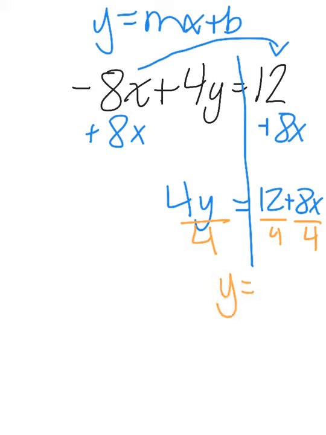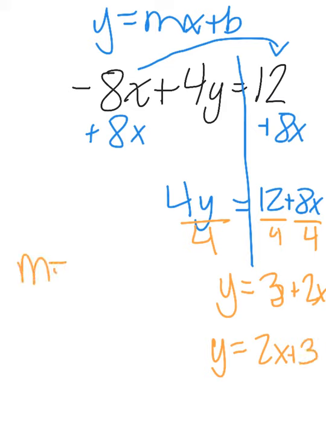So my rule is really 12 divided by 4 is 3, and then 8 divided by 4 is 2, so it's 2x. So my rule is y equals 3 plus 2x, or you can rewrite it as y equals 2x plus 3. So my m in this case is 2, and my b is 3.